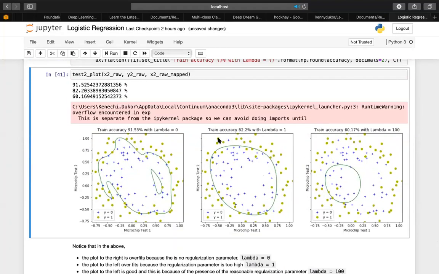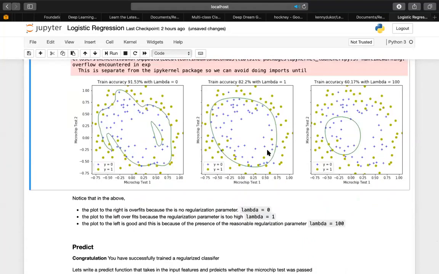The idea of regularization is more or less tweaking or reducing the values of your theta so that the model doesn't get too complex and learn everything here. It smoothens it out, and that's why you have something like this. But there should be a balance: you have to choose the right regularization parameter to have good results.